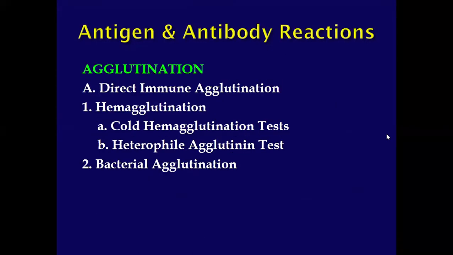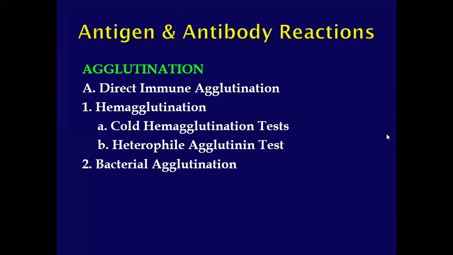Okay. So, with regards to agglutination and precipitation, we have hemagglutination. So, we have the cold and heterophile agglutinin test. This is called hemagglutination because you are using the red blood cell to show the reaction.